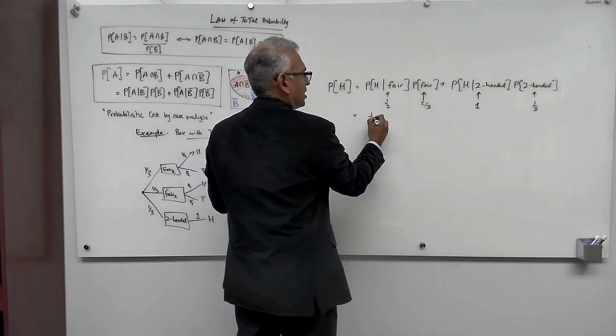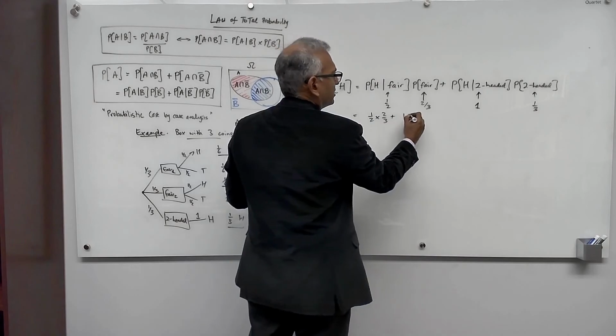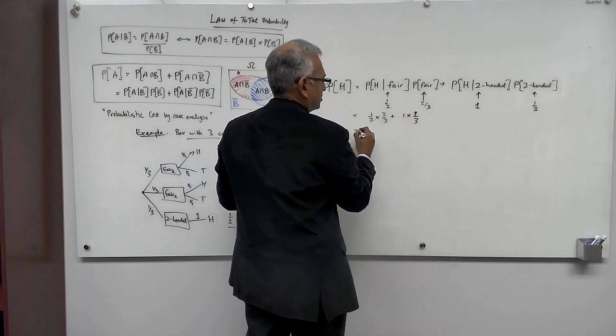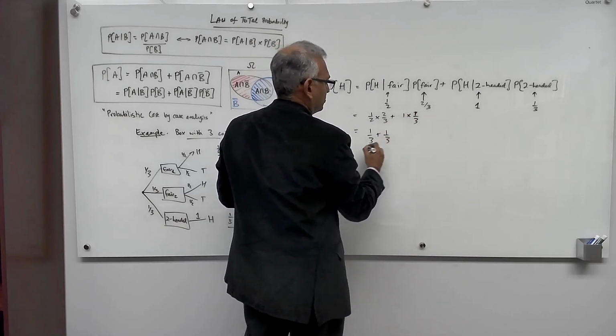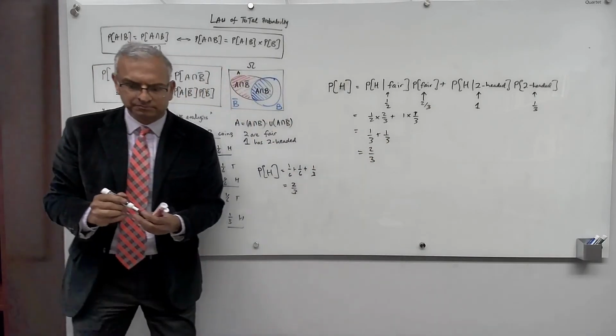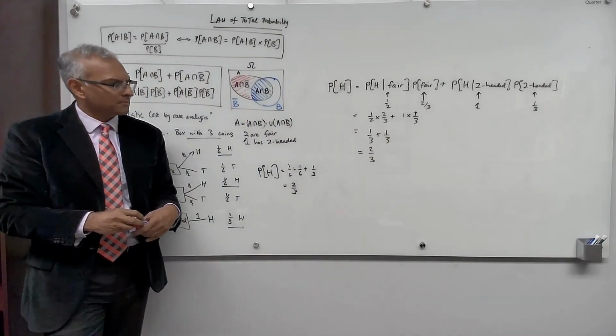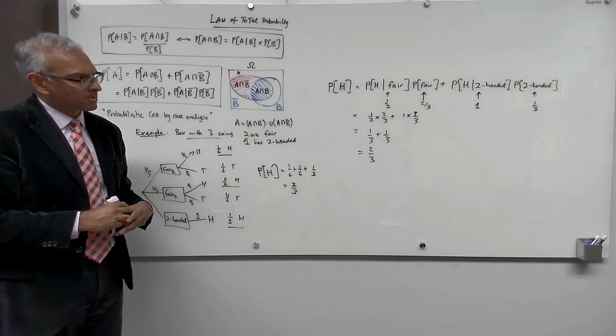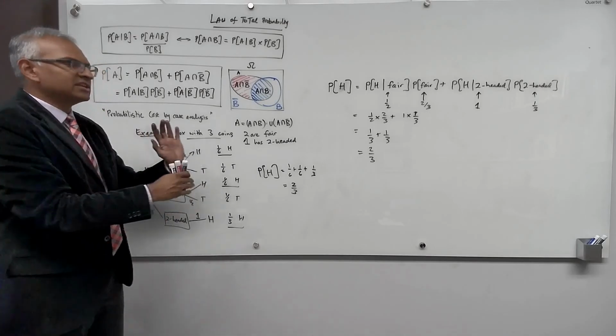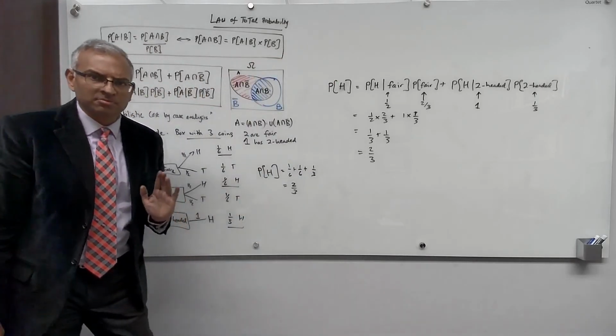So this is 1/2 times 2/3 plus 1 times 1/3, which is 1/3 plus 1/3, equal to 2/3. Bam! So easy. No need of an outcome tree, nothing. We're using the law of total probability.